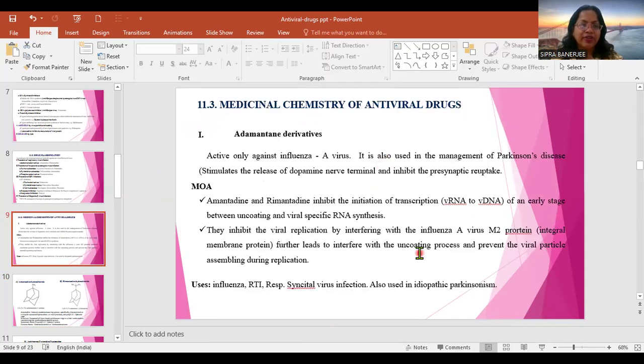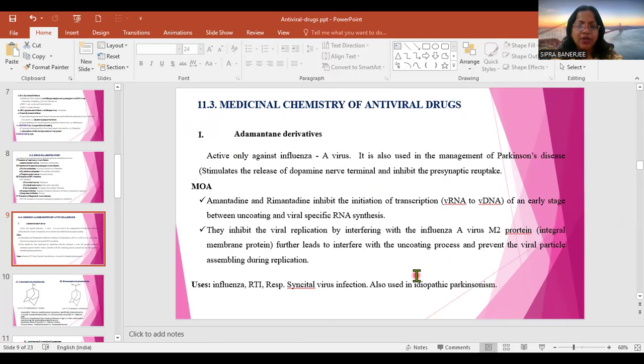The adamantane derivatives are active only against influenza virus. They are also used in the management of Parkinson's disease, stimulating the release of dopamine at the nerve terminal and the presynaptic effect. Now coming to the mechanism, amantadine and rimantadine inhibit the initiation of transcription at an early stage between uncoating and viral synthesis.